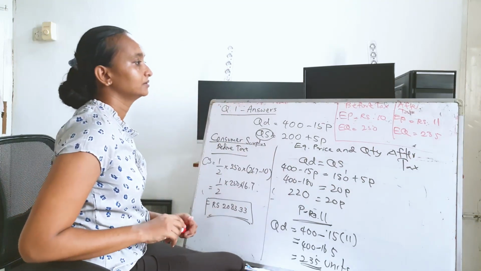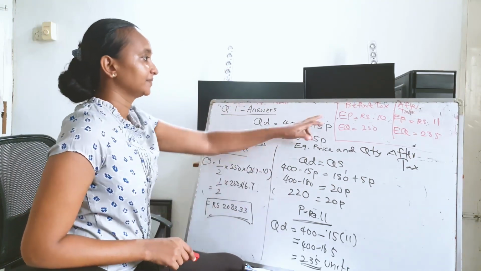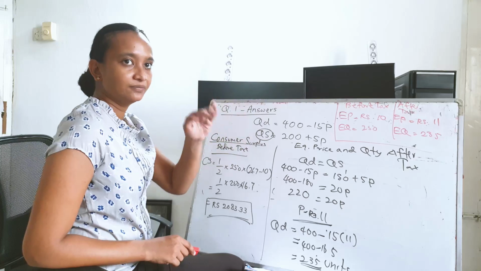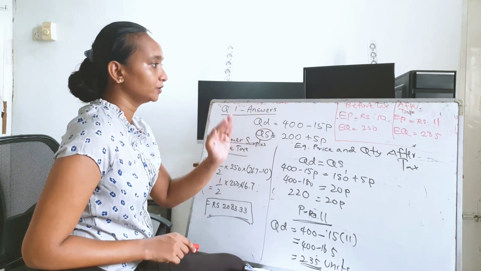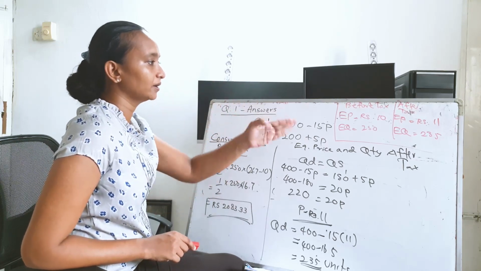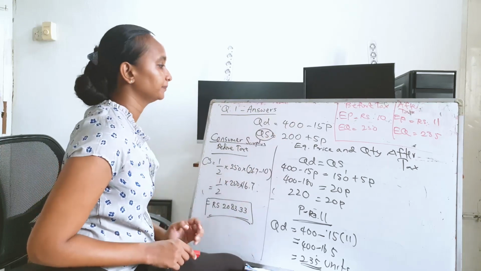So theoretically, after imposing tax, the equilibrium price should increase and the equilibrium quantity should be reduced. That has happened.